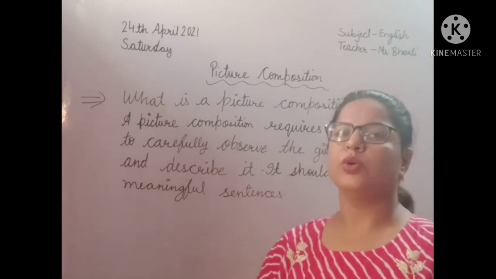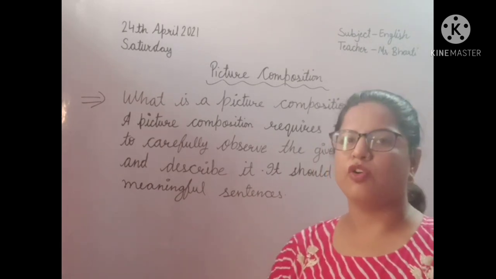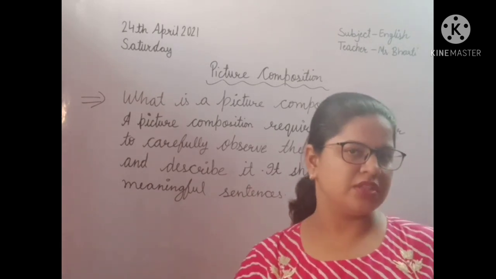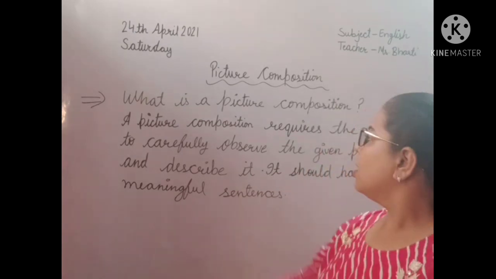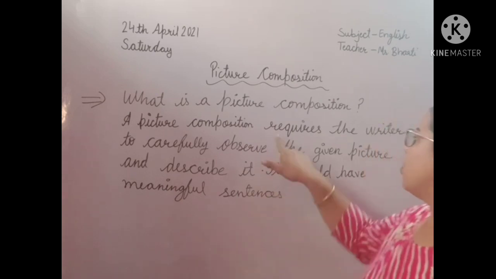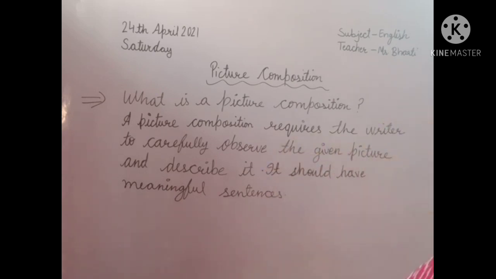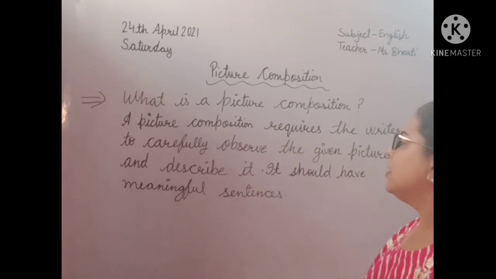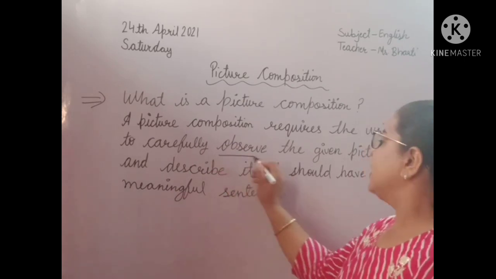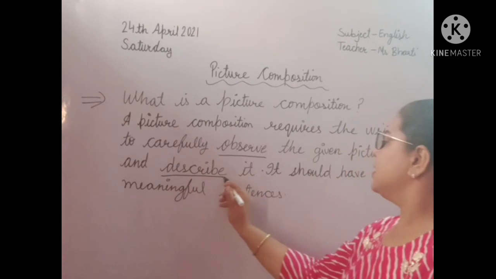Now, here a question arises, what is a picture composition? So the answer to this question is, a picture composition requires the writer to carefully observe the given picture and describe it.